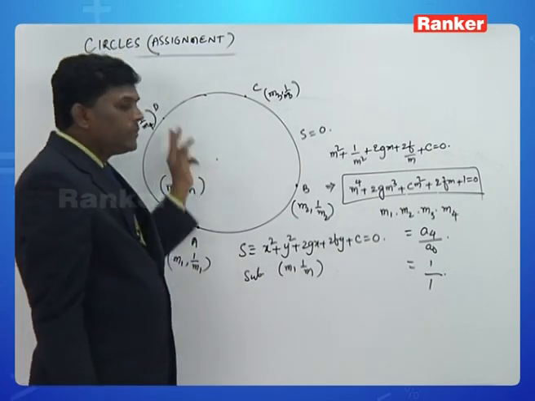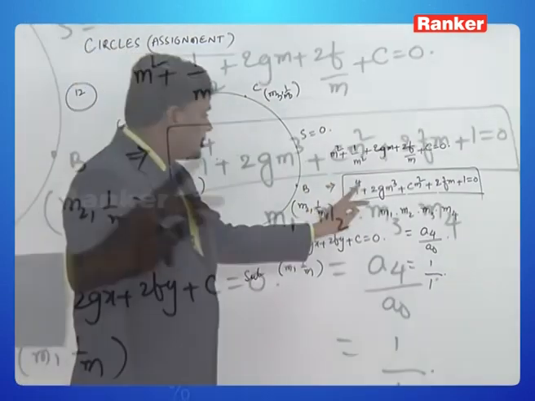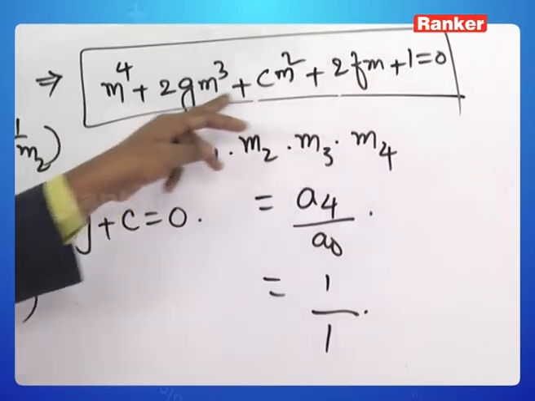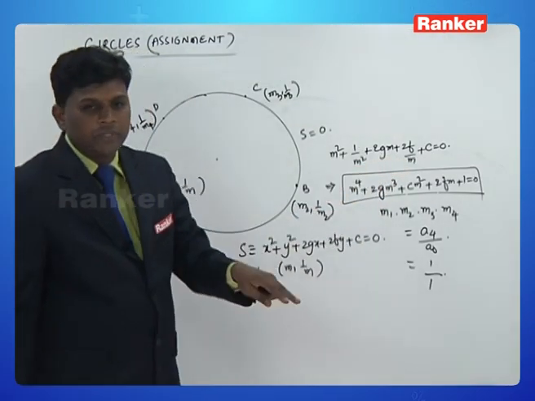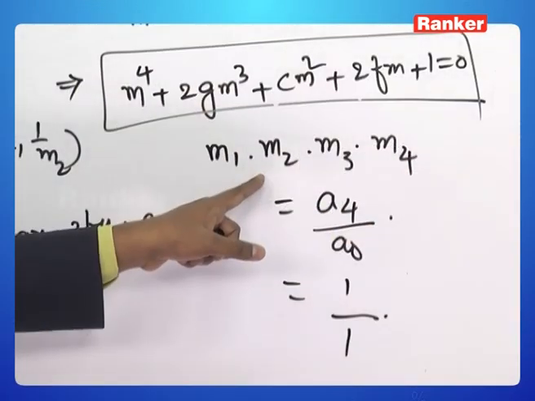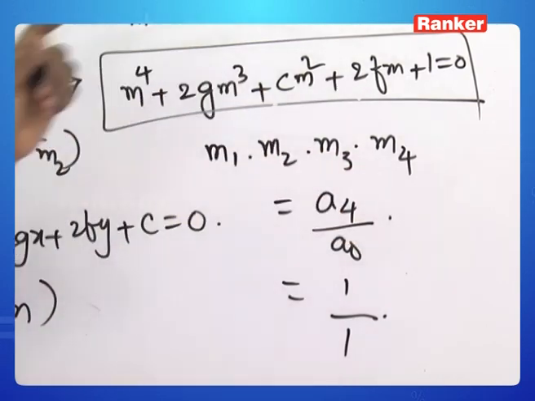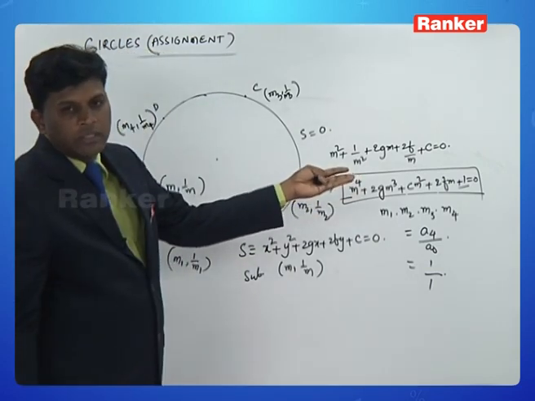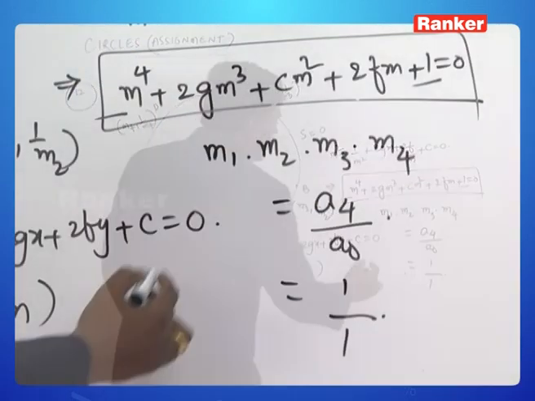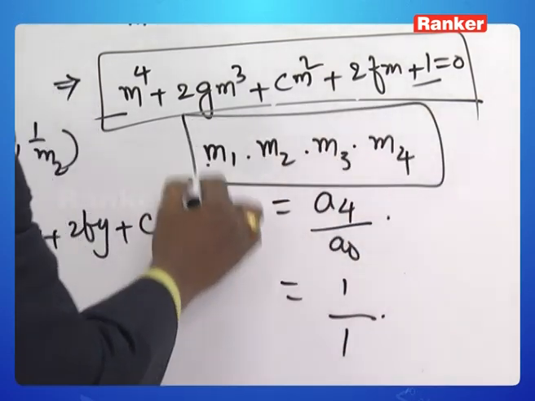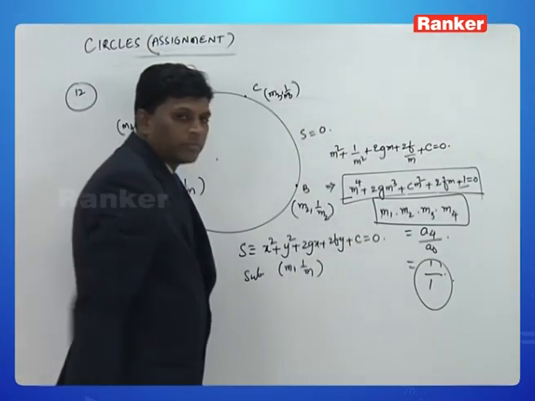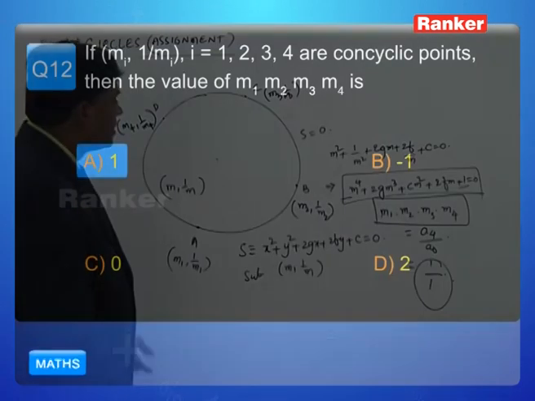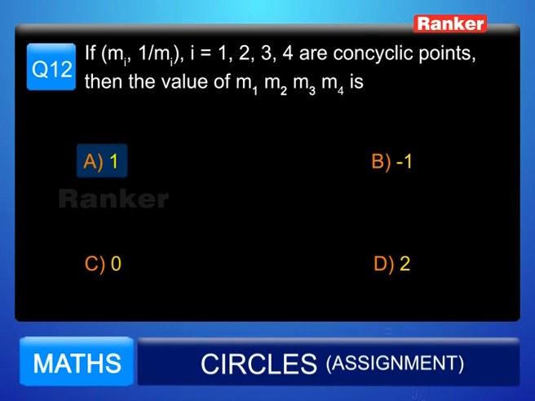Whatever circle randomly we are choosing, the m cube coefficient, m square coefficient, m coefficient are involved with the variable terms g, c and f, but the product of these 4 roots is depending on these 2 extreme cases, which is always representing a constant. That's why the value of m1 m2 m3 m4 is always 1, independent of the circle chosen and position of the points chosen. So, according to the given options, the right answer is option A.